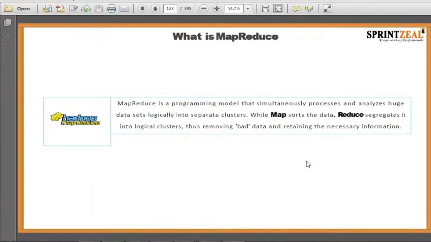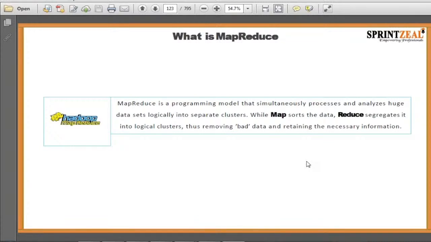Sometimes a lot of people ask me if it is another programming language, because everybody thinks MapReduce is kind of a programming language, but the reality is it's not any programming language, nor is it very specific to only Hadoop.